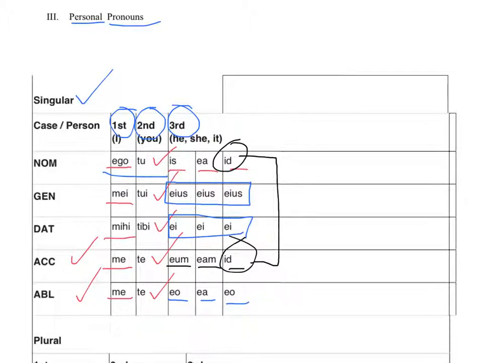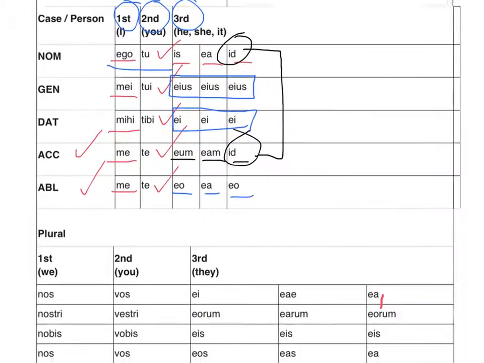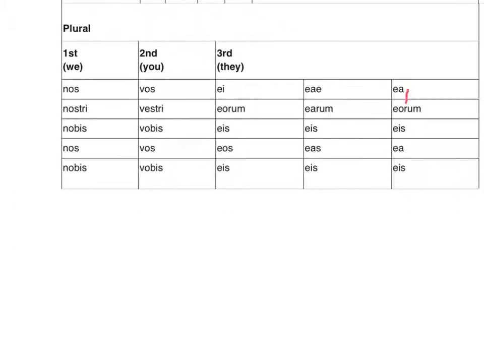The plural is also irregular. The nominative plural, genitive plural, dative plural, accusative plural, and ablative plural all have to be memorized. They're all irregular. There are some patterns you can notice.